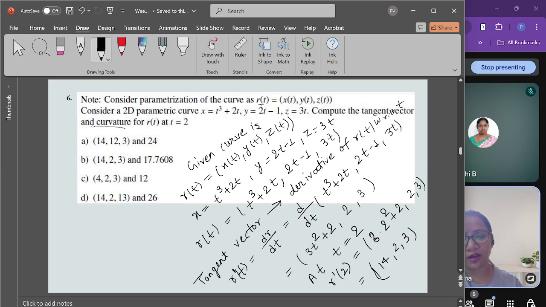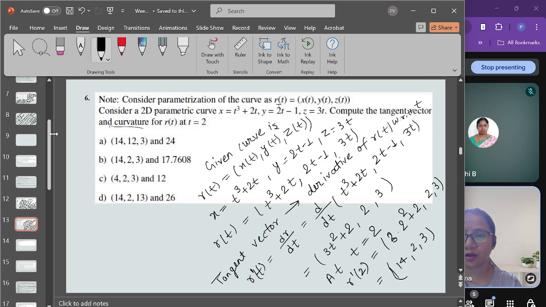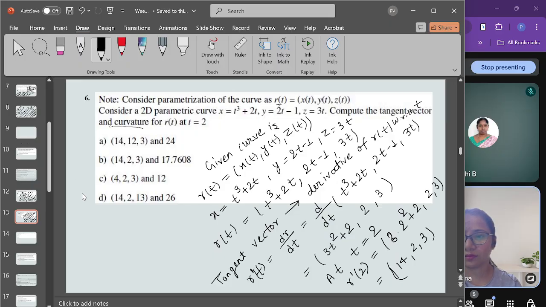Now we need to find out the curvature. So to find out the curvature, I need to take one slide here.